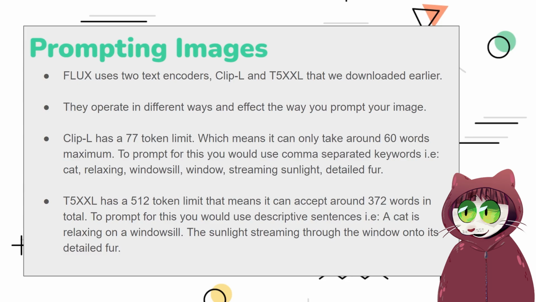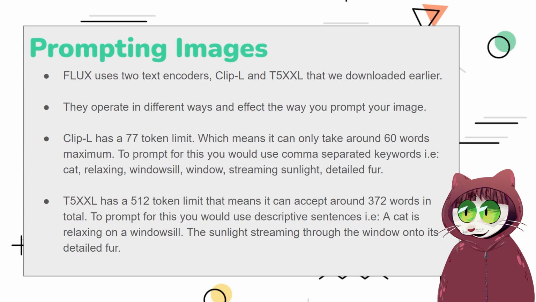That means you can write a lot more, so it does actually prefer you to write in a very descriptive sentence. So the example here would be, a cat is relaxing on a windowsill, the sunlight streaming through the window onto its detailed fur. The problem is that T5XXL does not understand what any of these words look like. It understands what they are, but it doesn't know what a cat looks like or a windowsill.